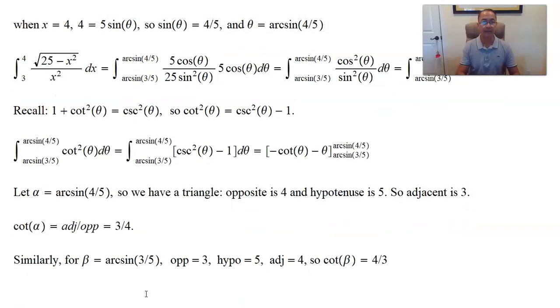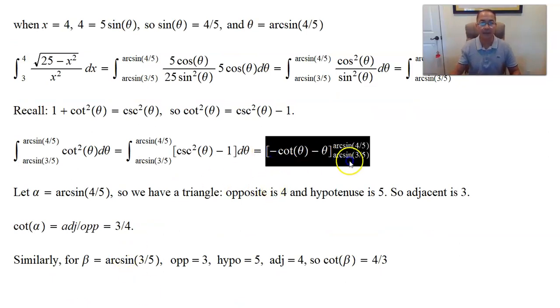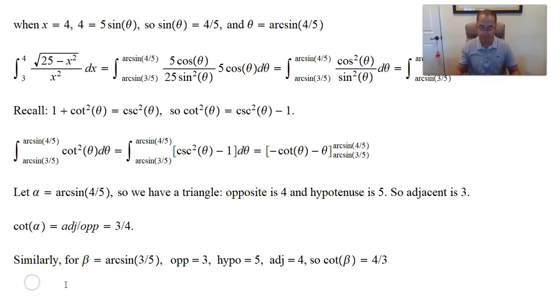All right. So we are ready. Are you ready? Let's bring that down here. So in the upper limit, we need negative cotangent, so minus 3/4, and then minus theta. No choice, we will just write minus arc sine 4/5. That's okay, that represents an angle.